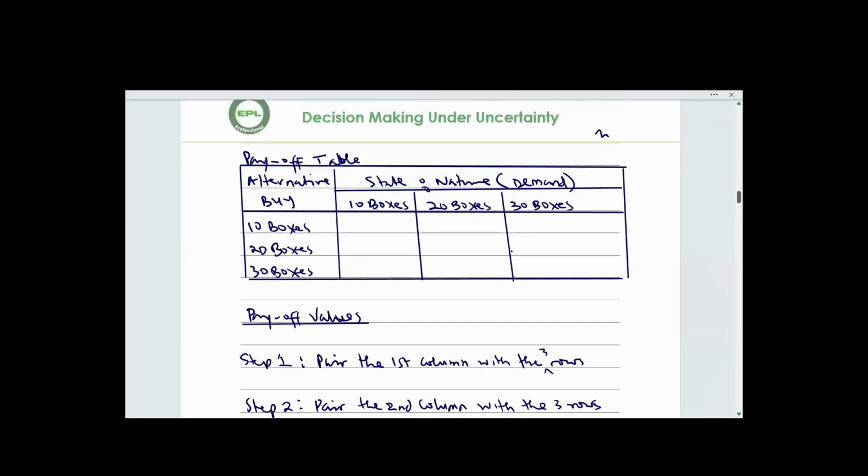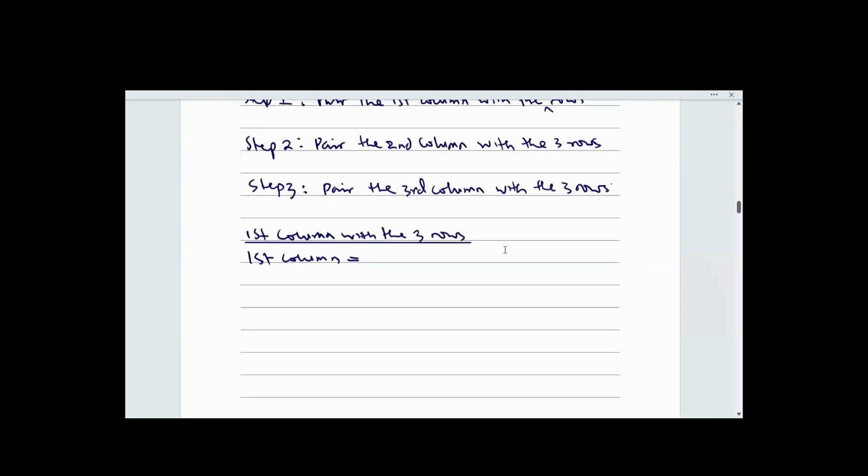In the first column, we have 10 boxes. And to sell these 10 boxes, the company will earn contribution of 400 naira. So I will then come here, 400 multiplied by 10 boxes, minus, contribution minus cost will give us profits.